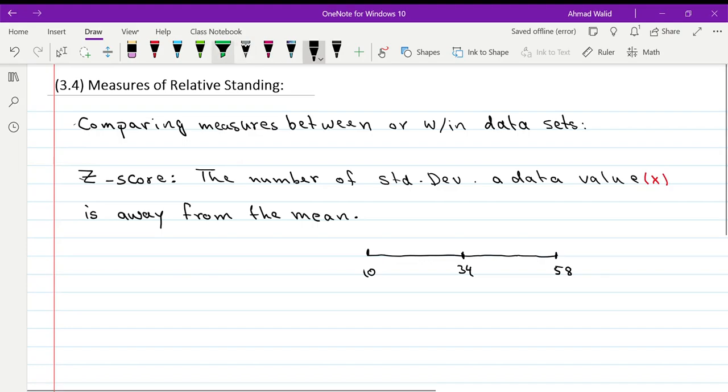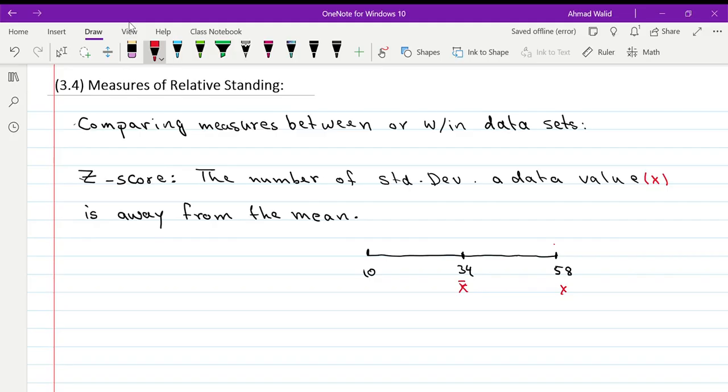To put the notation for you, this is your mean. I'll use X bar for sample. You can use mu also. In a couple minutes I'll give you both formulas. They are the same, just the notation is different. For example, this is X bar, your mean, and this is your data, X. 58 is X, correct?